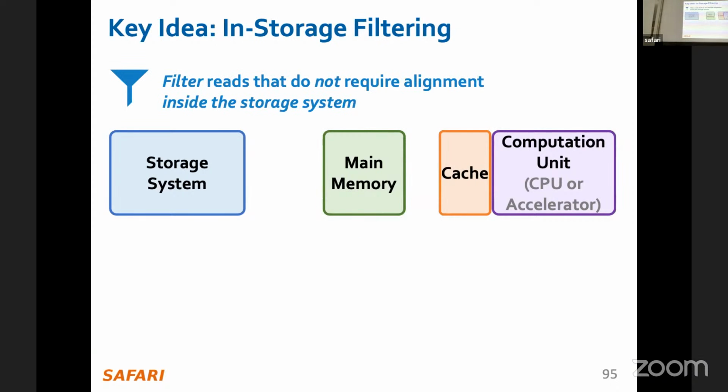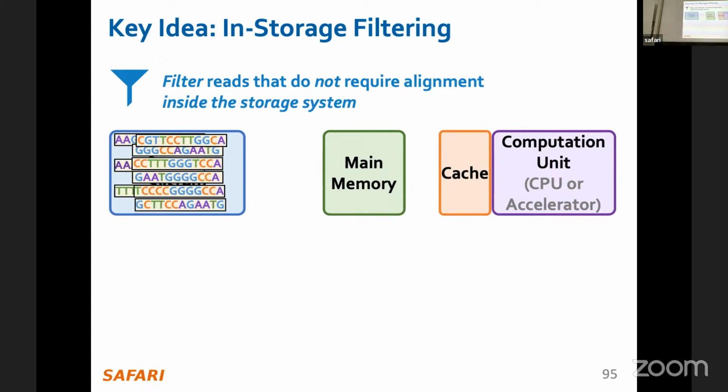So the key idea that we had for this work, to accelerate this genome sequence alignment, is to use the storage as a filtering engine. So you're going to perform some filtering algorithm on the genome data inside the storage device itself.